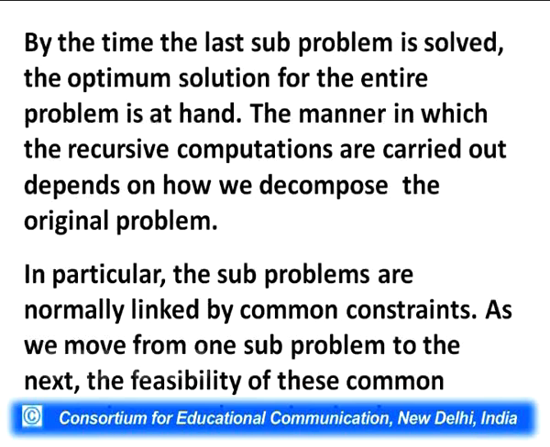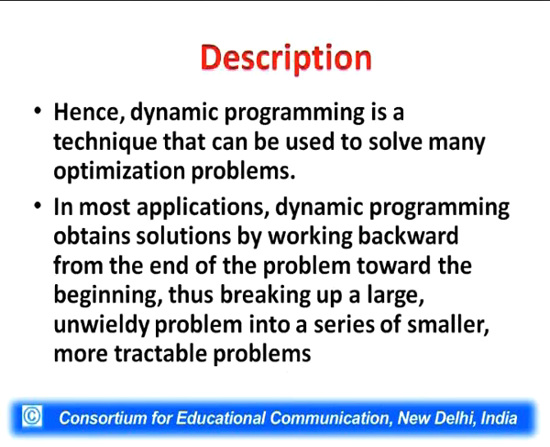In particular, the sub-problems are normally linked by common constraints. As we move from one sub-problem to the next, the feasibility of these problems and these common constraints must be maintained. As a rule, as a policy, we have to maintain the constraints throughout the problem we are solving.